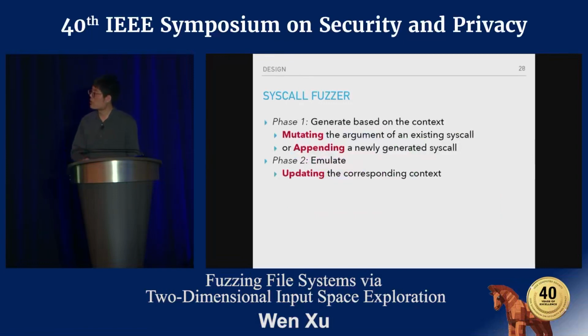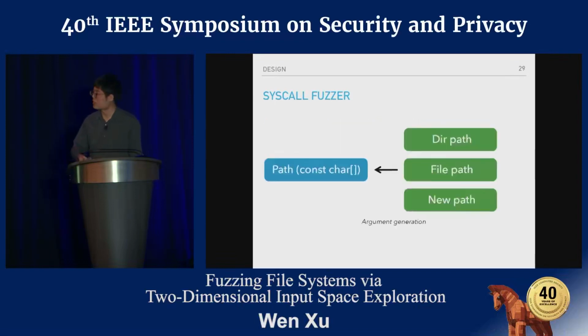So we always generate the system call based on the context by mutating an existing syscall in the program or appending a new one. And then after generating a new system call, we update the context, which is also included in the test case.